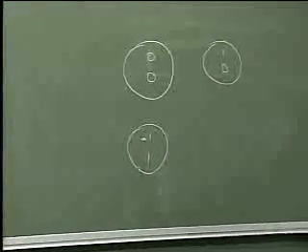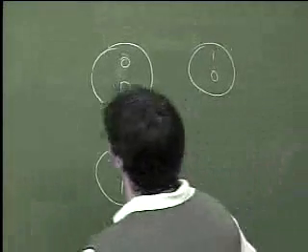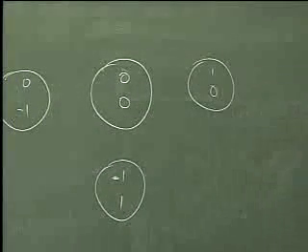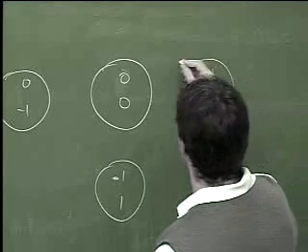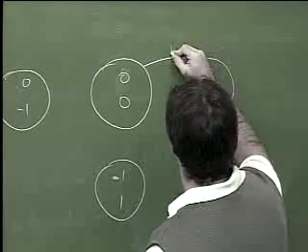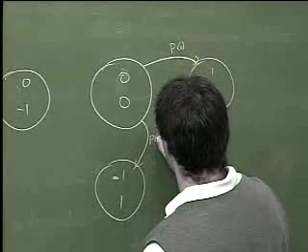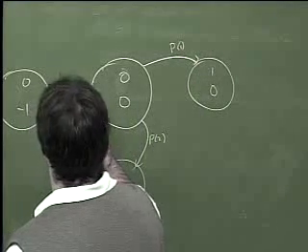And if I process a packet from flow 3, I will go to the state 0, minus 1. I'll go here when I process a packet from flow 1, here when I process a packet from flow 2, here when I process a packet from flow 3.